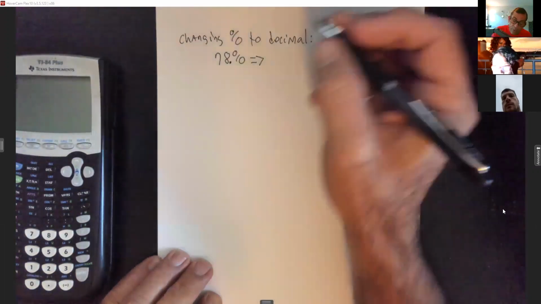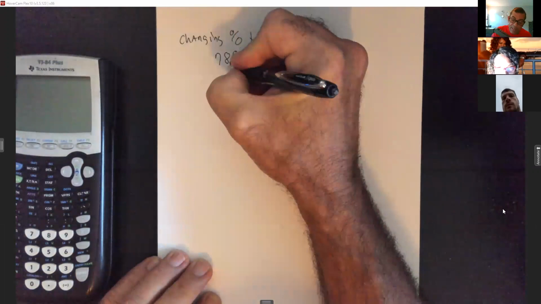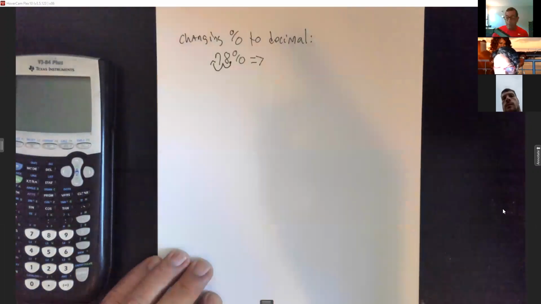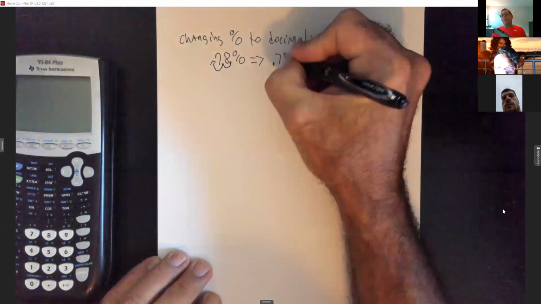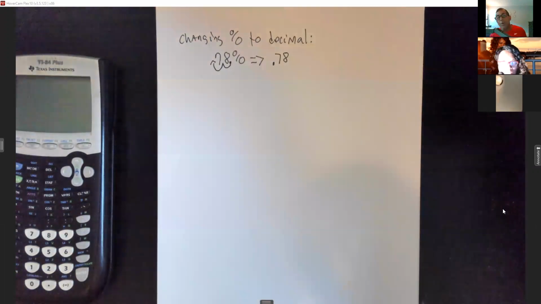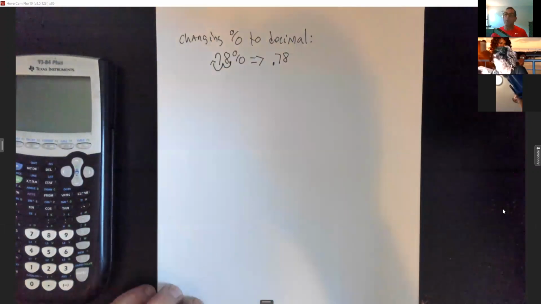I automatically move that decimal left 2 units so that I get 0.78, and then we drop the percent from it. So you always got to move it left twice to turn any number into a decimal.